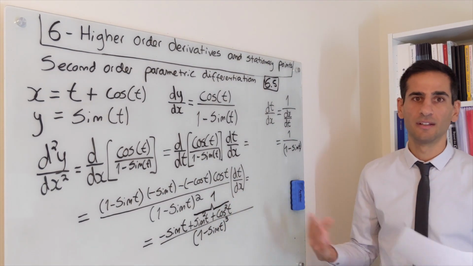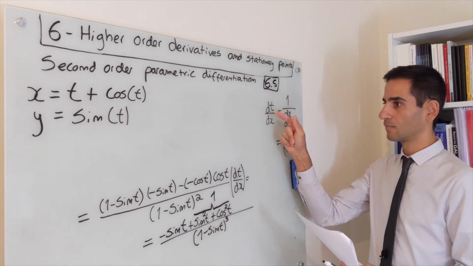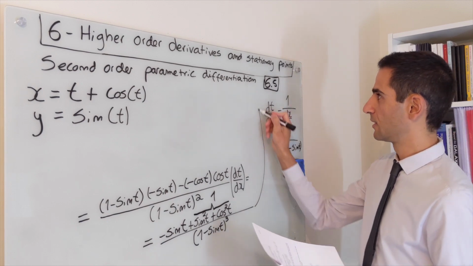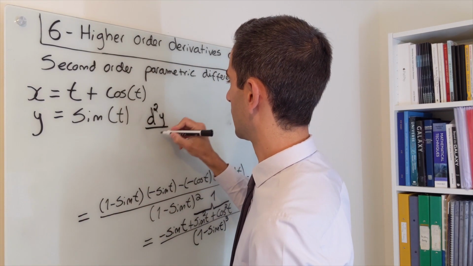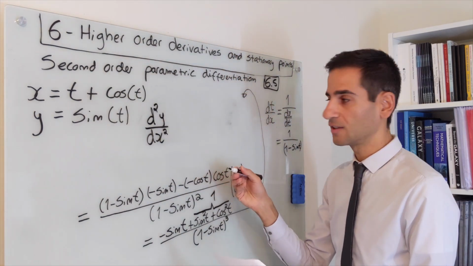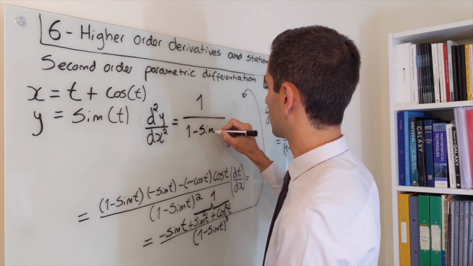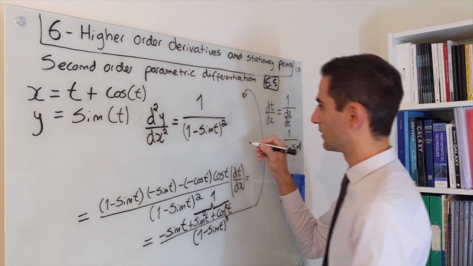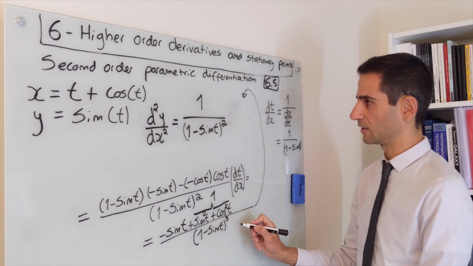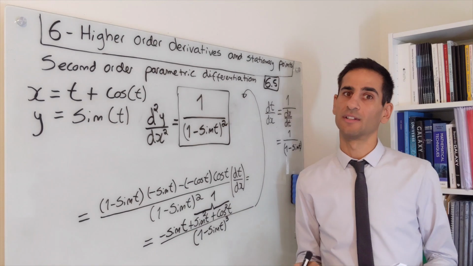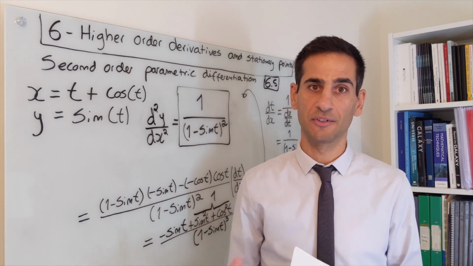And therefore, with a little bit of good old physics 101 magic, we've cleared the board just enough to write that the second order derivative d²y/dx², this is the notation we're using, is given as 1 over 1 minus sine t squared, and it is squared because the 1 minus sine t cancelled one of the exponents and we dropped it to 2, with this being our final answer.